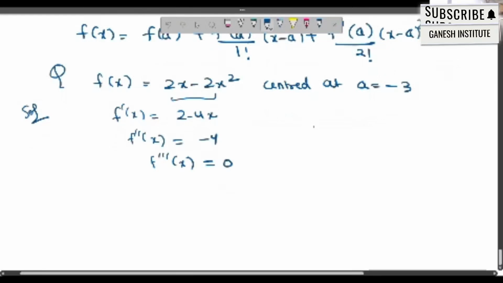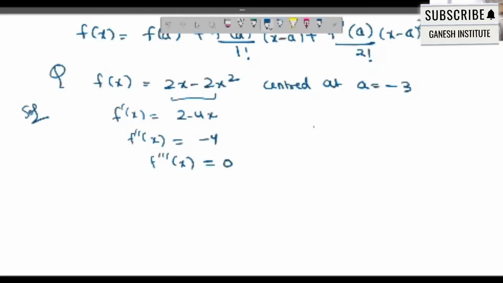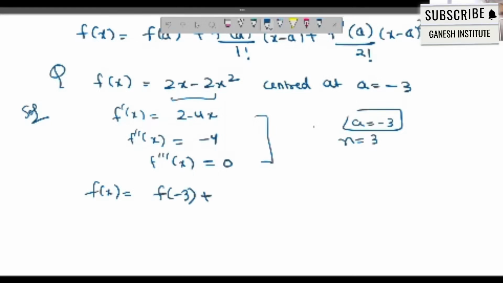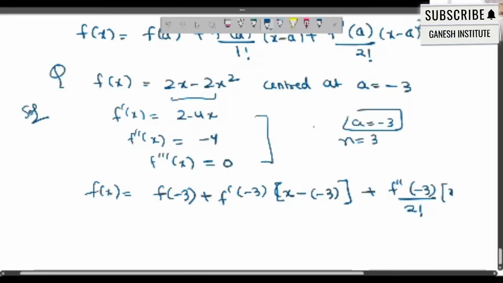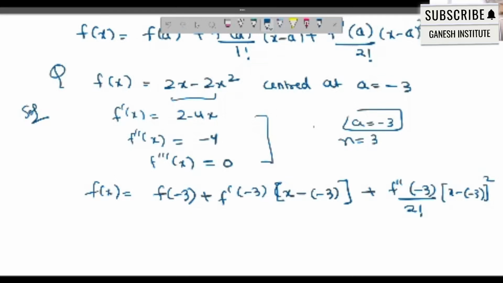It's done. Now what I'll do: because only three elements are there, n is 3, a is minus 3, starting from a. So I'll just expand it using Taylor expansion. Initially it is f(a), then f dash a times (x minus a), plus f double dash a upon 2 factorial times (x minus a) whole square, right?